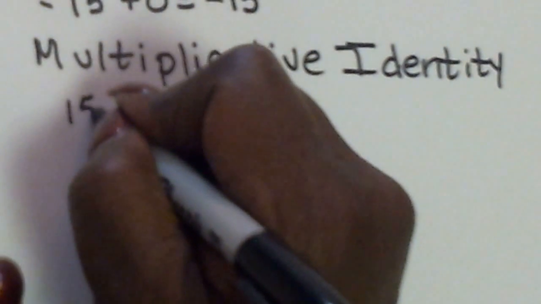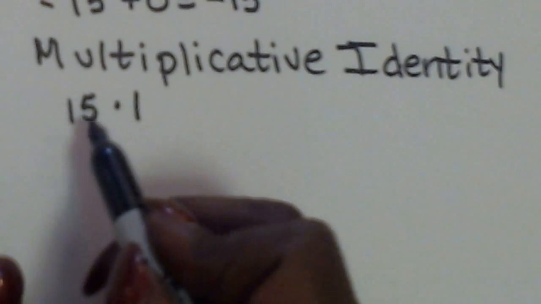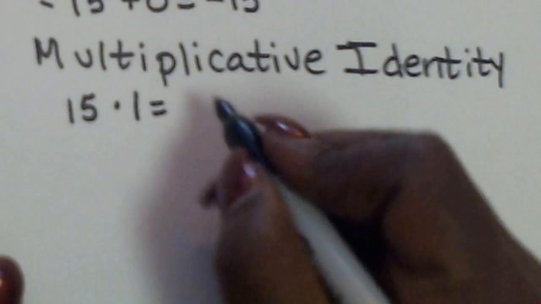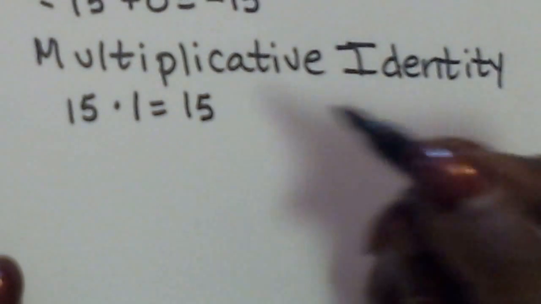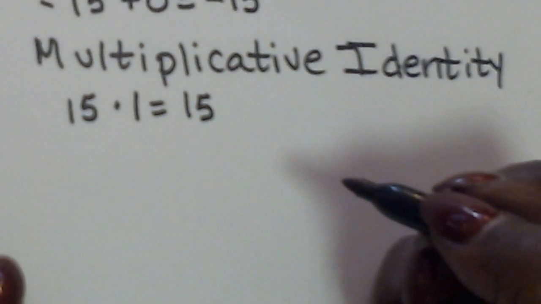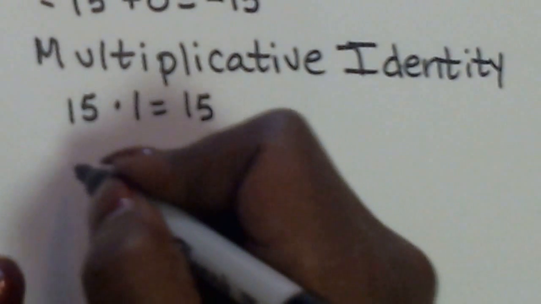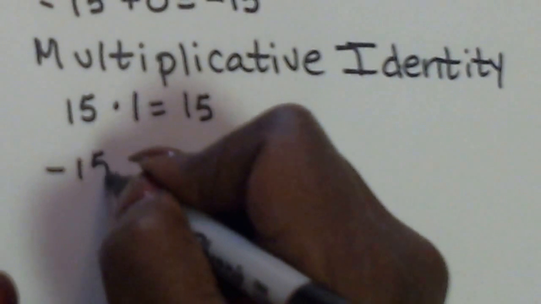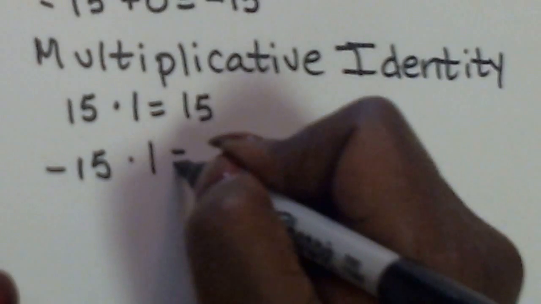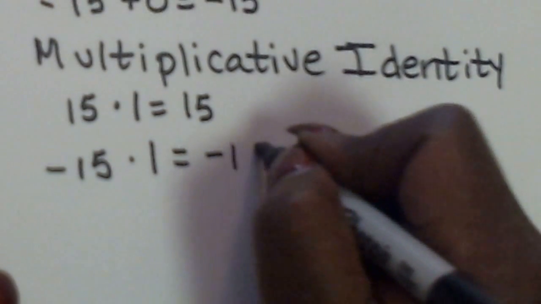So if I had 15 times 1, any number times 1 is that number, I will get 15. It's unchanged. It will also work with negative numbers. So if I had negative 15 and I multiplied it by 1, I would get negative 15.